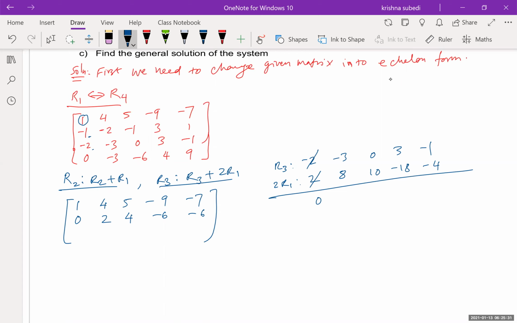This will be 8 minus 3 is 5. And this will be 10. This will be -15. And this is -5. So I'm going to get 0, 5, 10, -15, and -5. And the last row, we did nothing, just copy as it is.